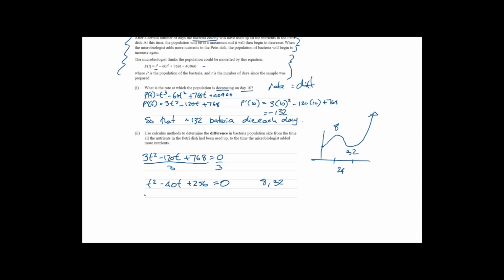So we're going to put in 8 squared minus 40 times 8. No, we're not. We're going to go to the original equation, aren't we? So the original equation is this one up here. So 8 cubed minus 60 times 8 squared is 64 plus 768 times 8 plus 40,960.